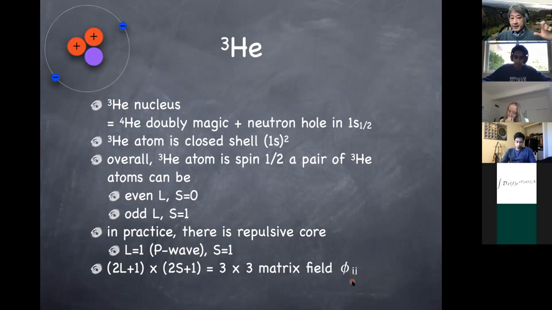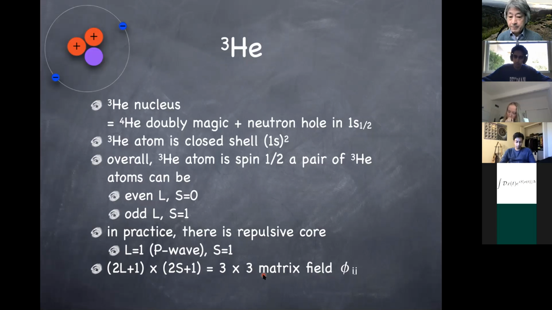And now you go down in LZ: LZ0 SZ1, LZ0 SZ0, LZ0 SZ minus 1, and LZ minus 1 SZ1, LZ minus 1 SZ0, LZ minus 1 SZ minus 1. So that's the 9 configurations, and they arrange into this 3x3 matrix field. This side is L, this side is S. Does that answer your question, Cameron?